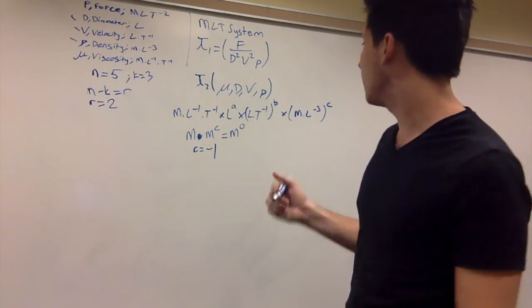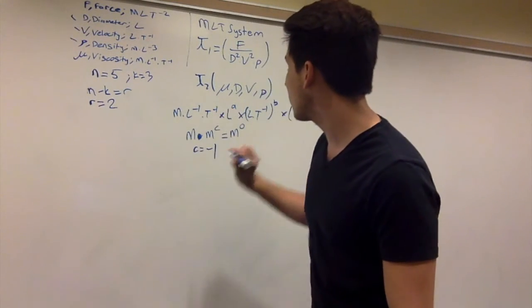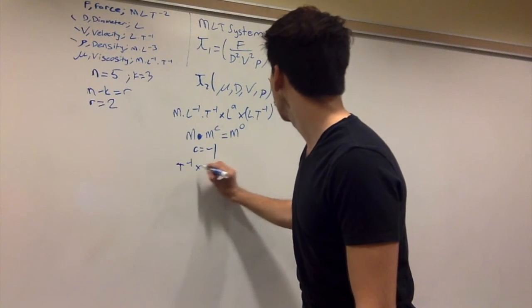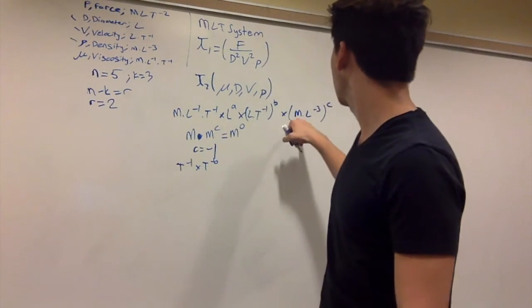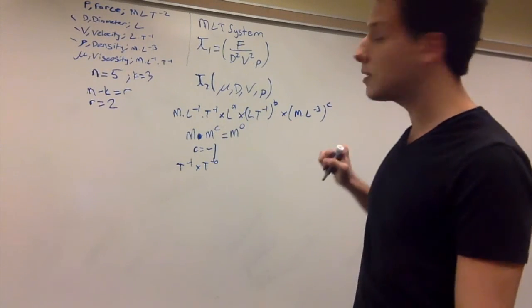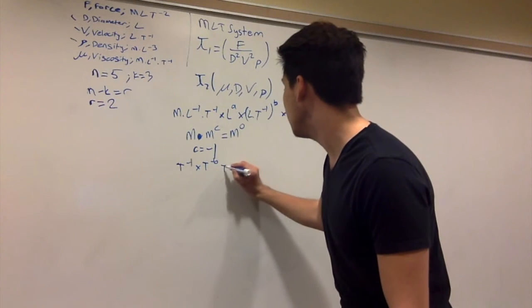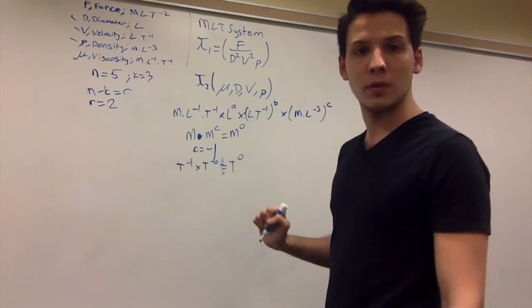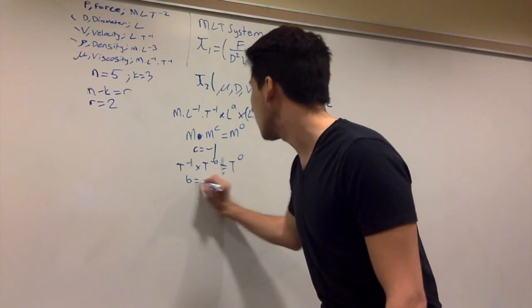Okay, let's go to T. We have T to the power of -1 here times T to the power of -b, and that's all we have for T terms. This has to be equal to T to the power of 0. So what should b be? B has to be -1.